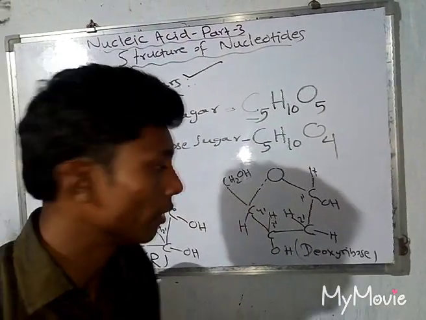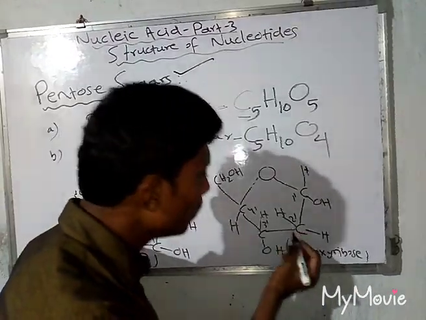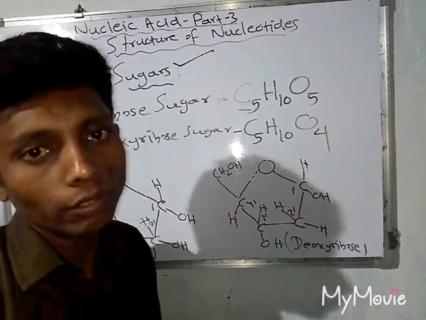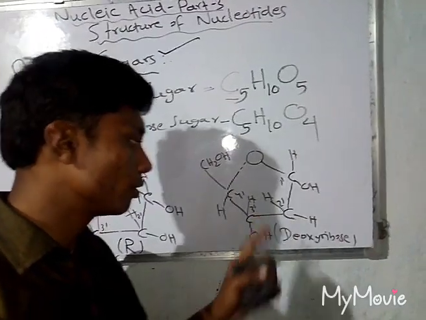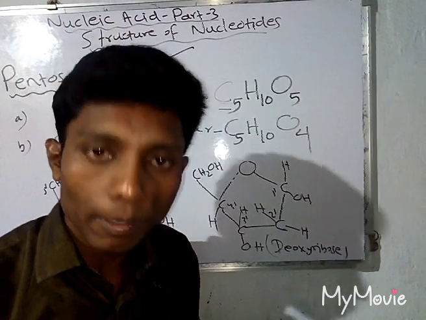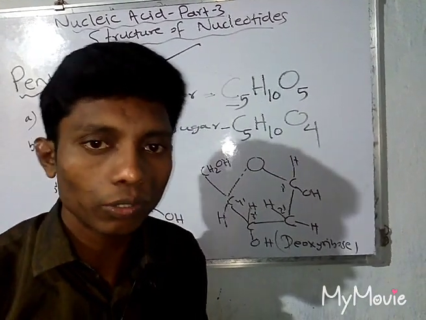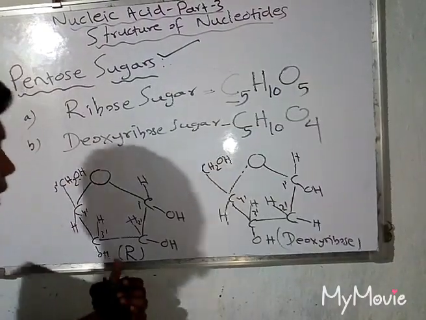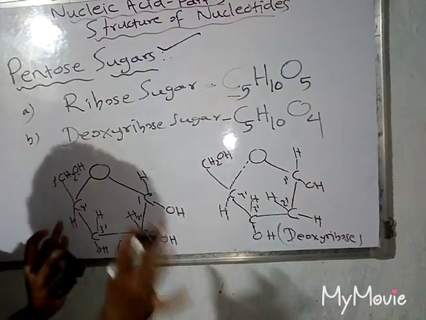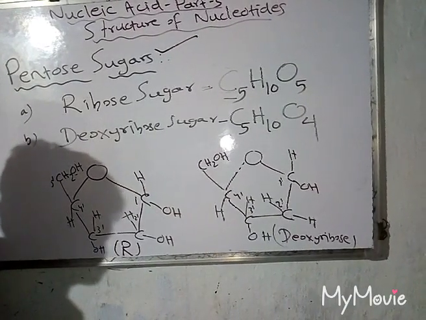So what is the basic difference between the ribose sugar and the deoxyribose sugar? In case of deoxyribose sugar, at the 2 prime position of the carbon atom, or the second carbon atom, the O group is absent, which is present as the hydroxyl group in ribose sugar. Clear? You can draw the structure from the board here.